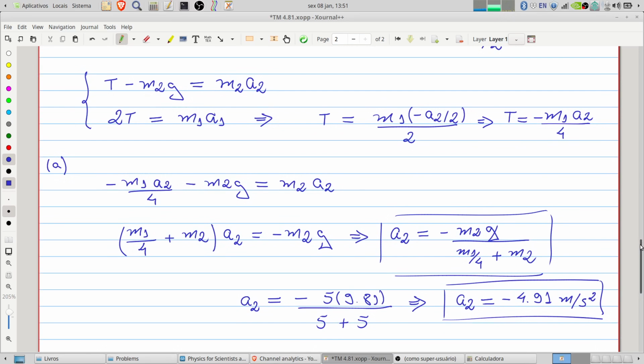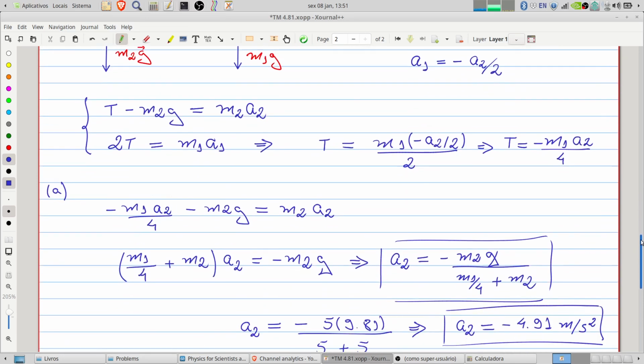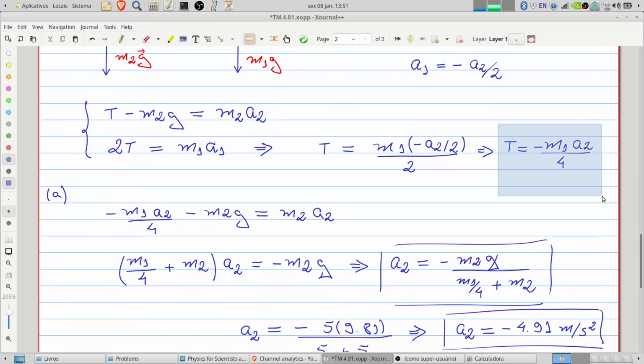We found the accelerations. For B, we want the tension. The tension, we can use this equation here.